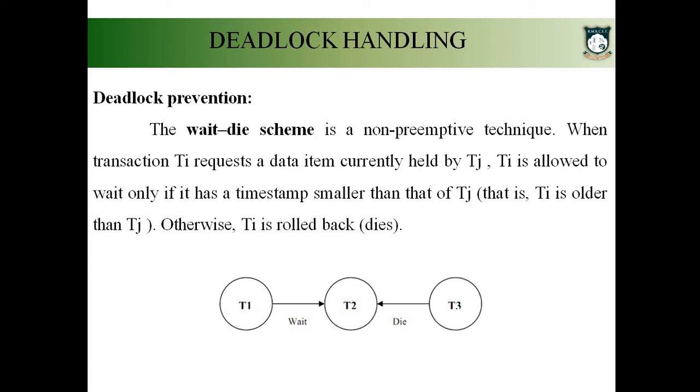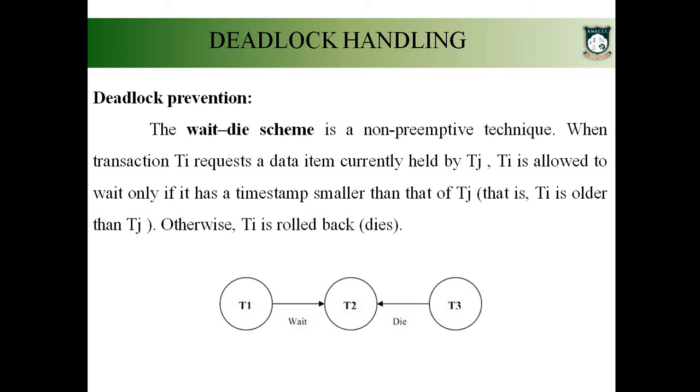As I already said, if you put your focus on the diagram, the wait and die scheme will be very clear. T1 executed first, then after some time T2 started its execution, then after some time T3 started execution. Now in this diagram, it is very clear that T1 is requesting a data item presently held by T2. Since the timestamp value of T1 is lesser than T2, it is allowed to wait.